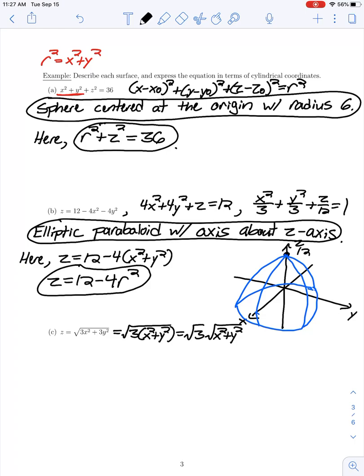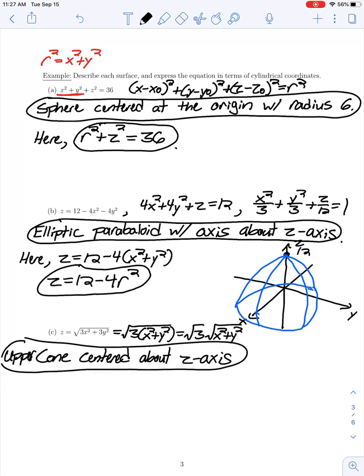So we could recognize this as being the equation of a cone. Here we would have a cone centered about the z-axis. Since z is defined as a positive square root, this is the upper half cone centered about the z-axis, where our cross sections are circles.